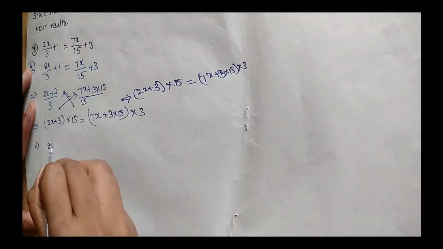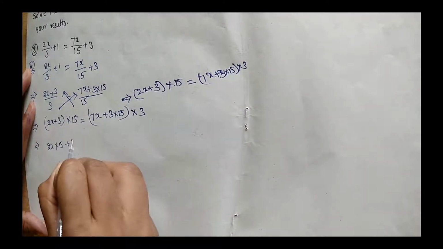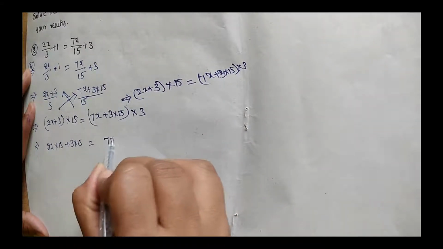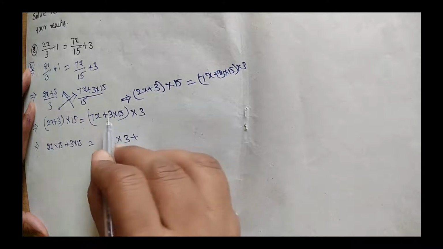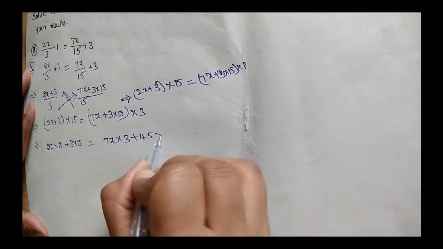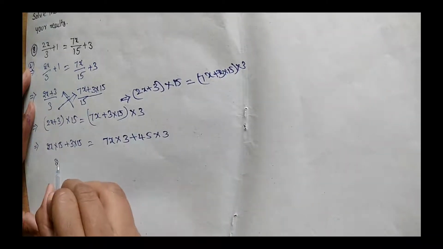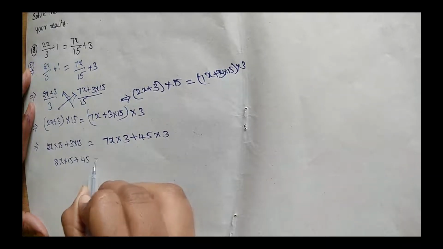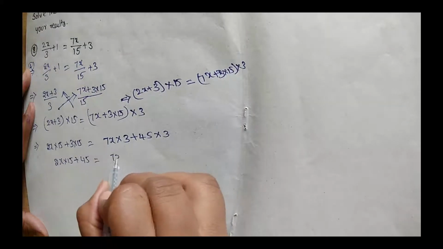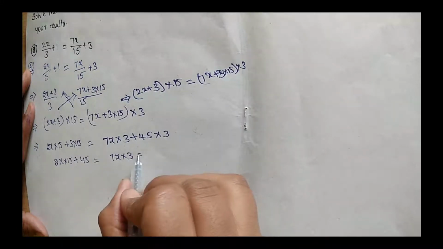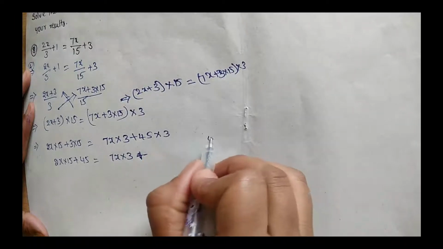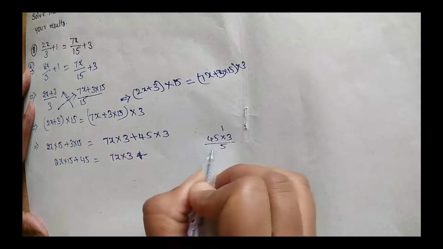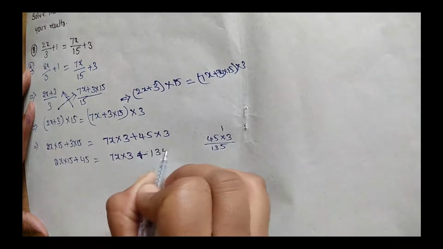So 2x into 15 plus 3 into 15. This is also 7x into 3 plus 15 3s are 45 into 3. So 2x into 15, 3 5s are 15, 3 4s are 12, 13, 1 is 135.